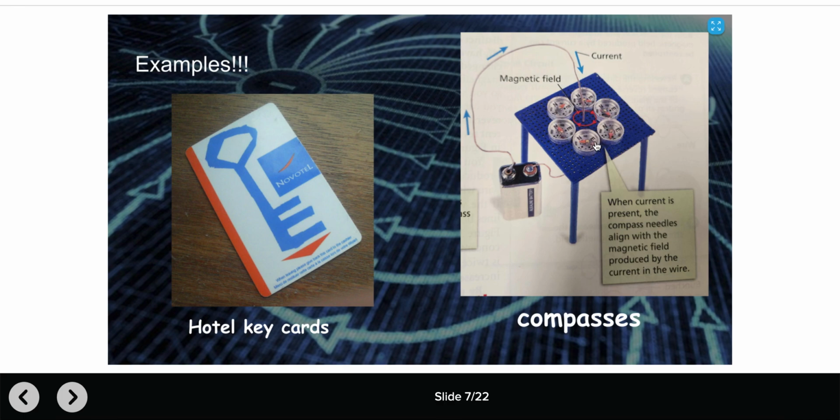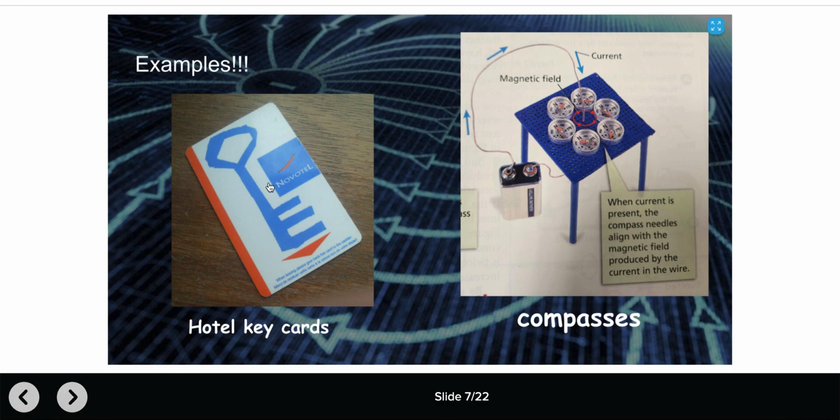And you can see that the compasses have the little red part of the needle pointing kind of in a circle. They should all be pointing the same direction, really. But they are instead making a circle because they're being displaced by the magnetic field of that copper wire.